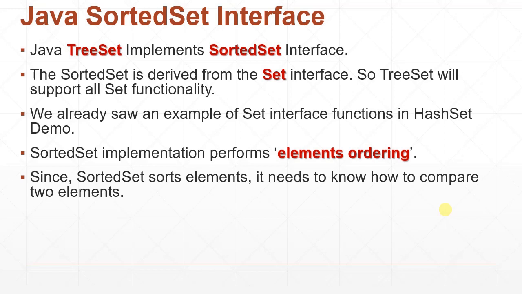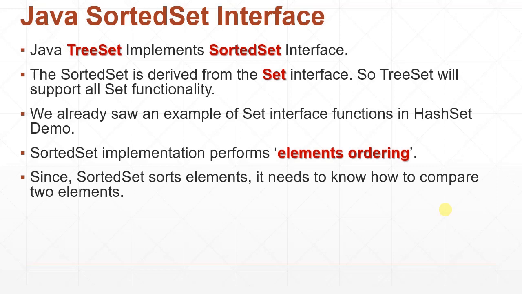Since SortedSet sorts elements, it needs to know how to compare two elements. It's not just saying whether two objects are equal. It's a comparison, in the sense that you will get three kinds of outcome.